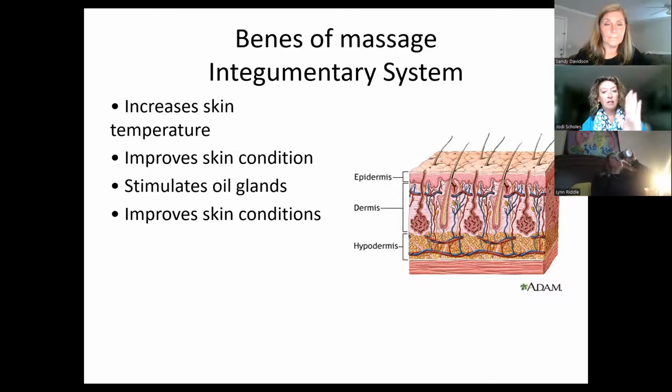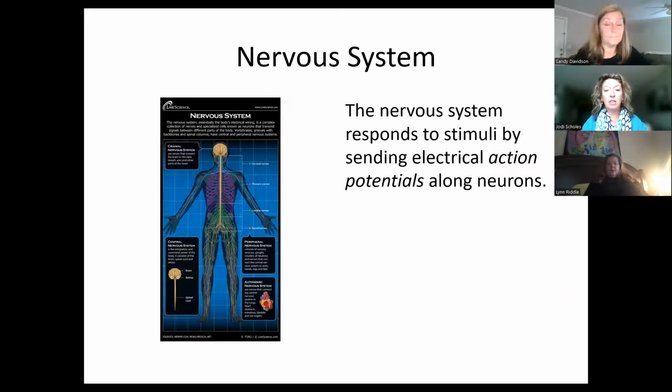So let's move into, oh yes, good. I believe this might be our final system for today, the nervous system. Because we have to go slow on this. The nervous system basically is our central nervous system and our peripheral nervous system. You'll see a slide on that in just a moment.